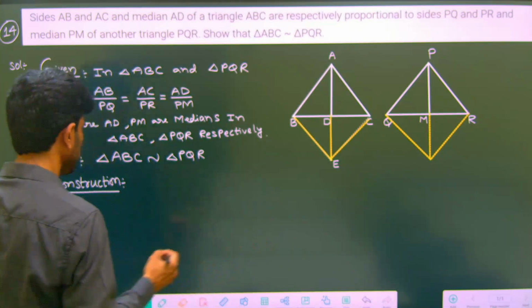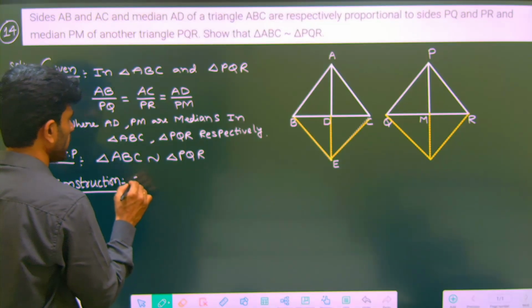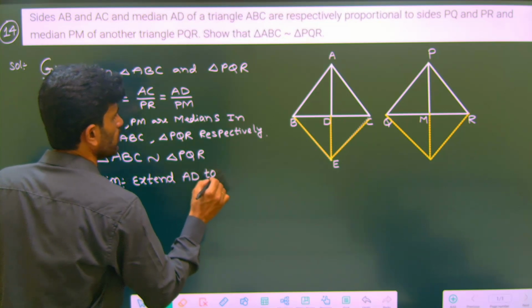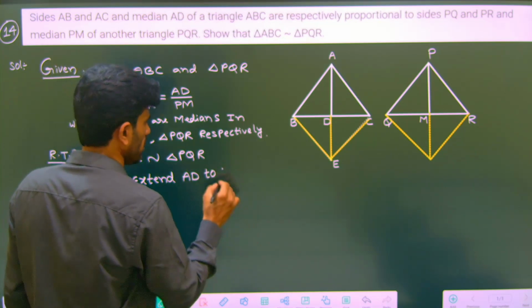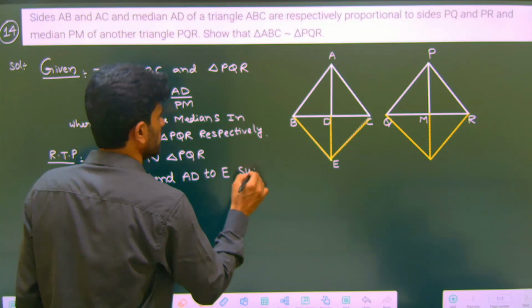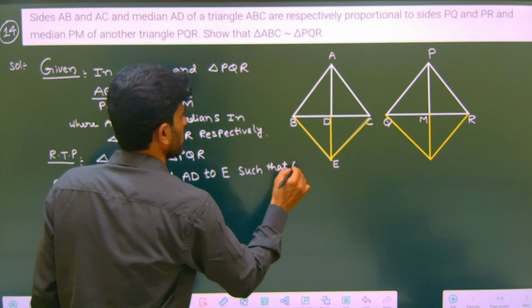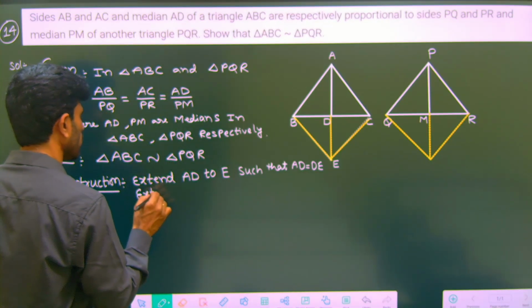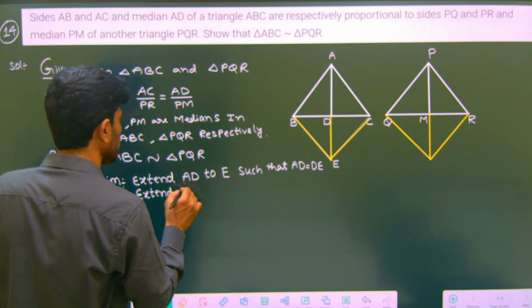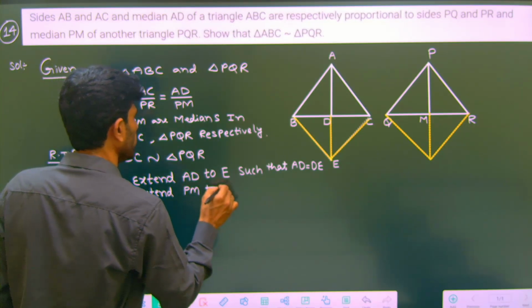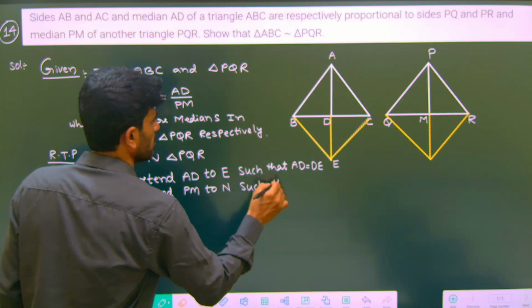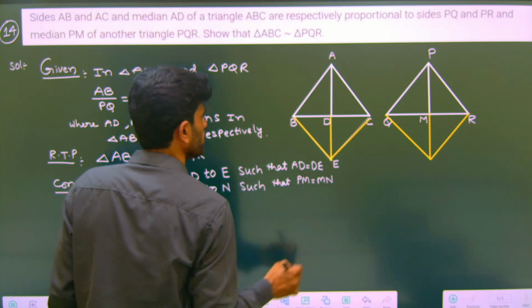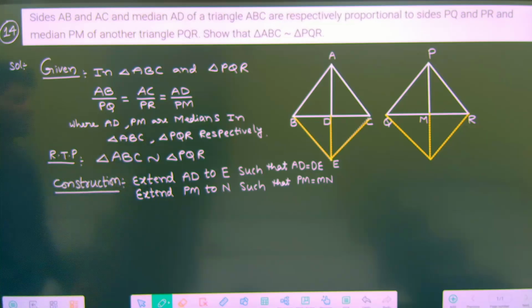So what we did in the construction: extend AD to E such that AD is equal to DE. Similarly, extend PM to N such that PM is equal to MN.